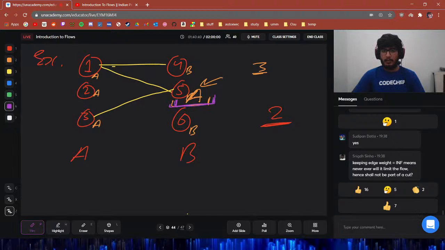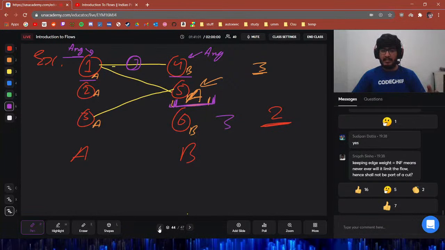But also this friendship is breaking, because 1 is selecting A and 4 is selecting B. So here there are 2 angry people. This is also angry and this is also angry. So there are 3 angry people in this example.